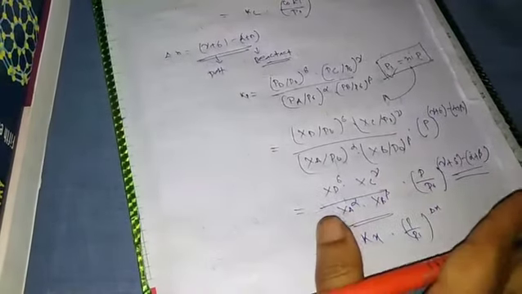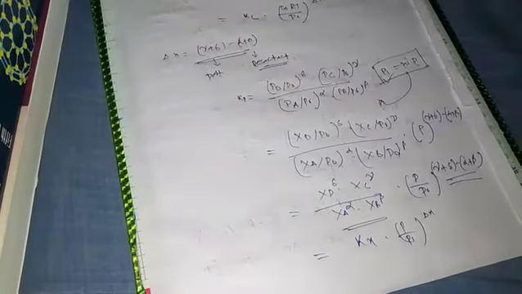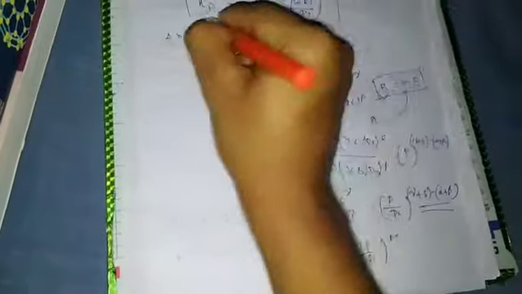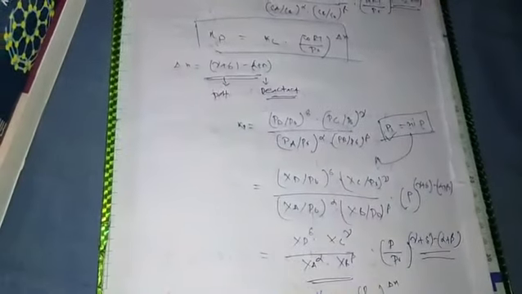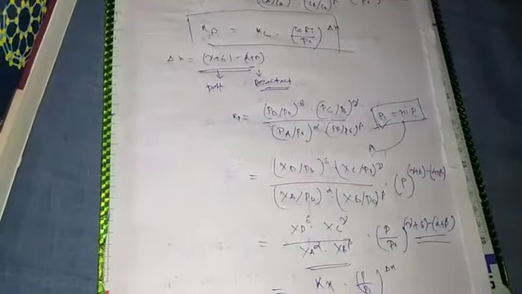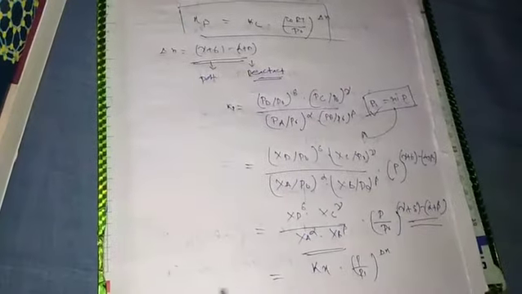So the relation between Kp and Kc is this: Kp equals Kc into (C0 RT divided by P0) whole to the power delta n, and between Kp and Kx is Kp equals Kx into (P by P0) whole to the power delta n.